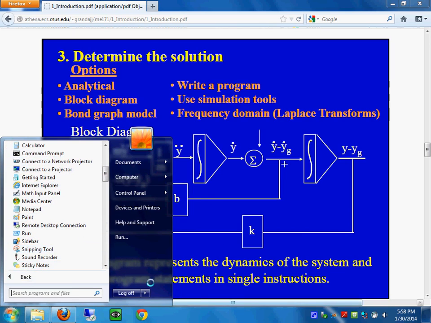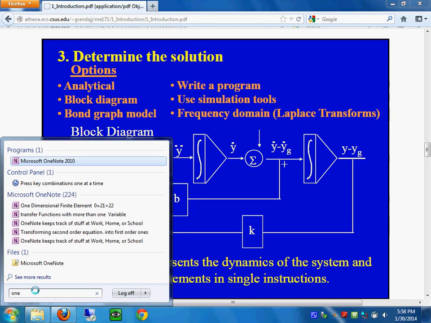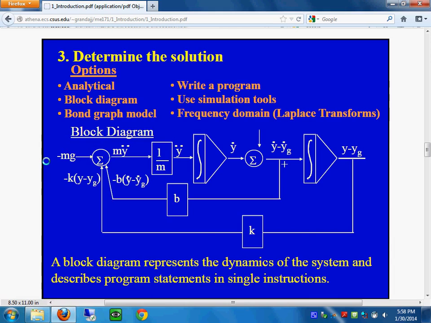And then we'll call up our note software, one note.